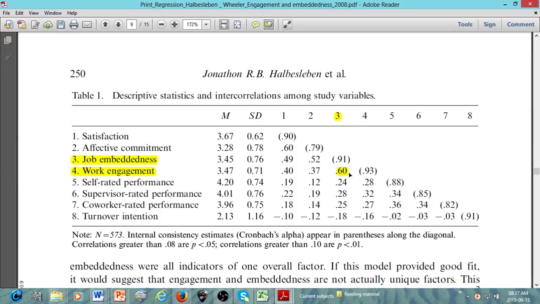So the correlation coefficient between work engagement and job embeddedness is equal to 0.6. So is that a positive or a negative linear relationship? Yes, it's a positive linear relationship, and it's a reasonably strong positive linear relationship.